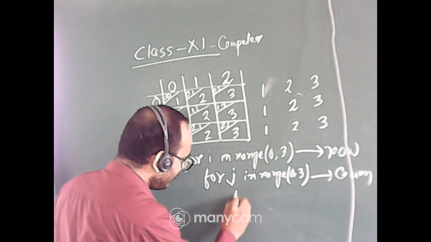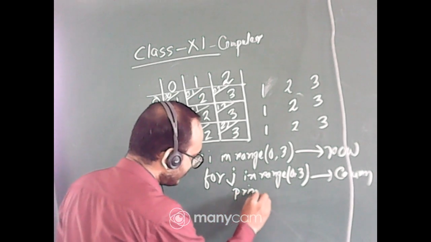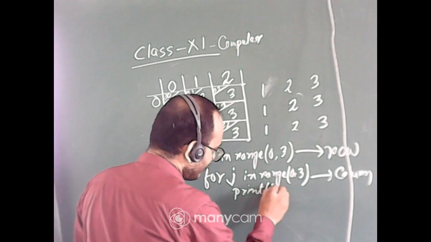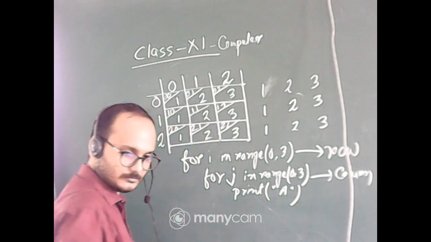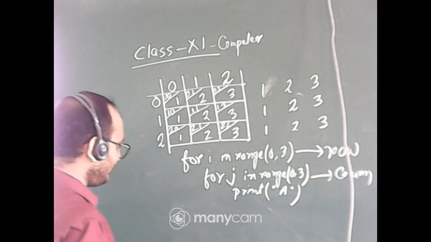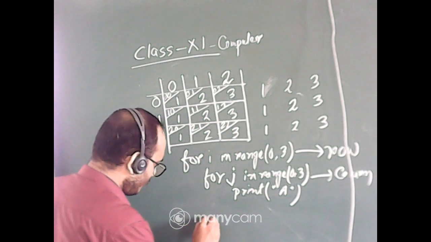If we write here anything, print like that within double quotation, A, and then print.